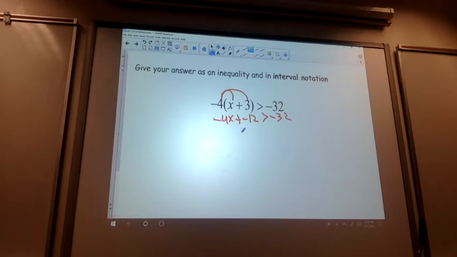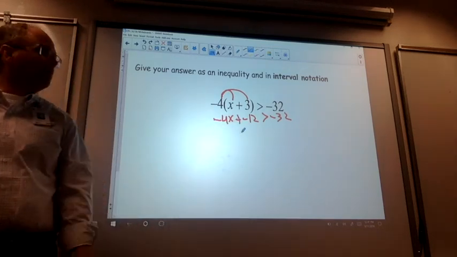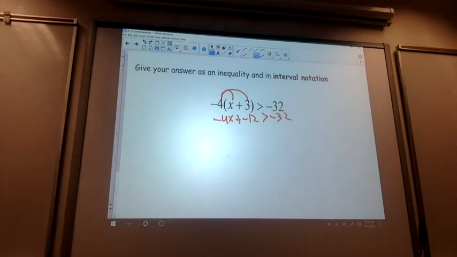What's the opposite of negative 12? Plus 12, so plus 12 on both sides of the inequality. Negative 32 added to 12 is negative 20.